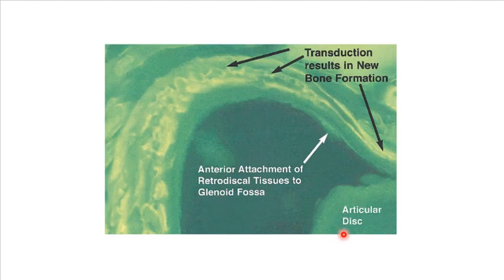When the articular disc and the condyles are moved forward, there are movements in the pre-positioning of the musculature, and new bone formation because of transduction due to the stress or pull occurring in these tissues. The anterior attachments of the retrodiscal tissue are being formed in the glenoid fossa, resulting in new bone formation which initially was here and has come down to this point. This shows remodeling of the glenoid fossa and the articular disc.